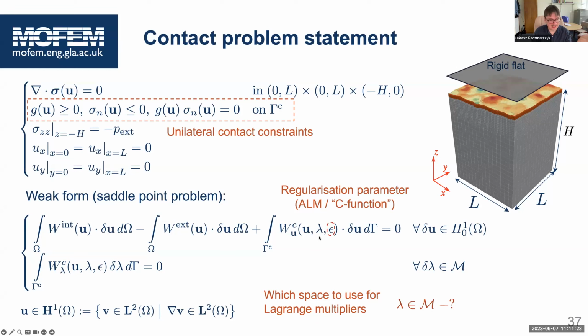But because this is a field, you can ask a valid question: what is the space we should choose to approximate the field of tractions, the Lagrange multipliers, on the boundary? A wrong choice will lead to instabilities, propagation, and pollution of the solution by errors. And then you will see spurious oscillations, for example.